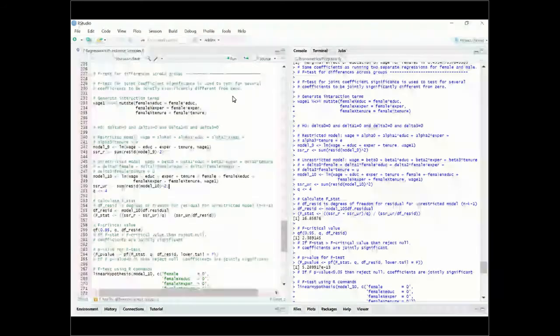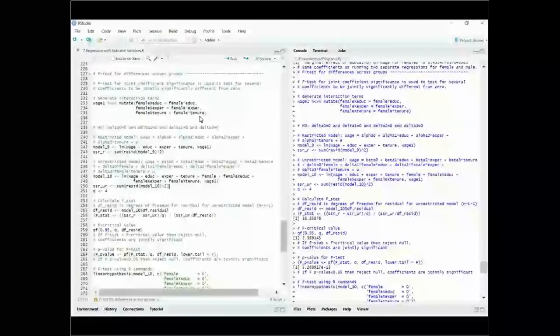So now let's again generate some interaction terms. Here we would like to interact female with the variables education, experience, and tenure. And we basically want to know, do women have a different effect of education, experience, and tenure on wages than males?